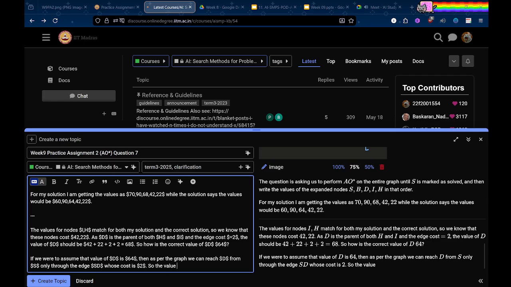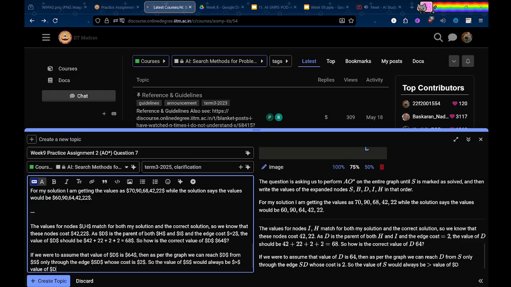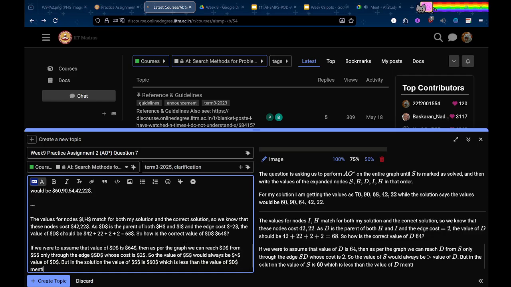So the value of F would always be greater than the value of D, but in the solution the value of F is 60, which is less than the value of D mentioned in the solution itself. Is this a typo or as intended?